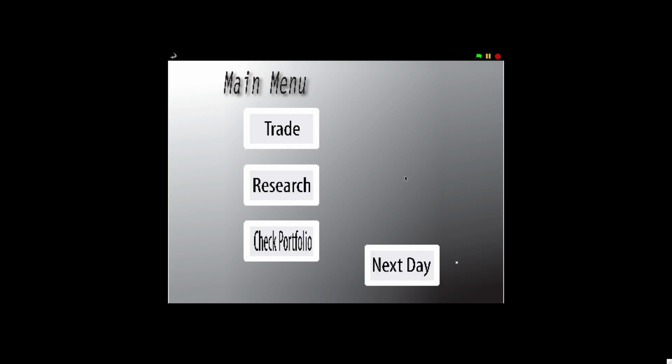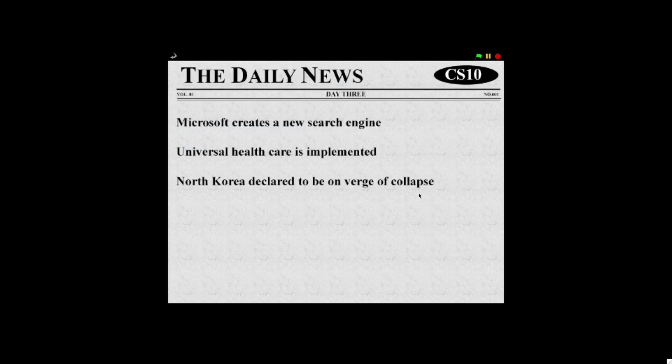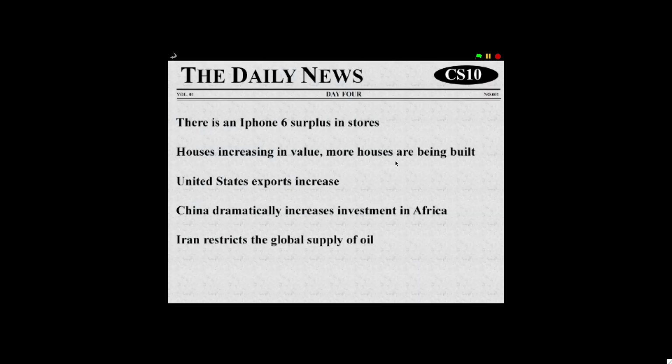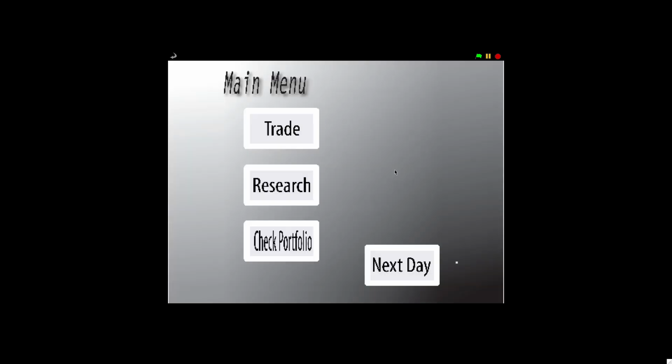Go to the next day. News for these days. The whole thing is you have to figure out which news stories correlate to which stocks. So that's another learning lesson. We explain that in the introduction as well. So, okay, we're going to the next day.